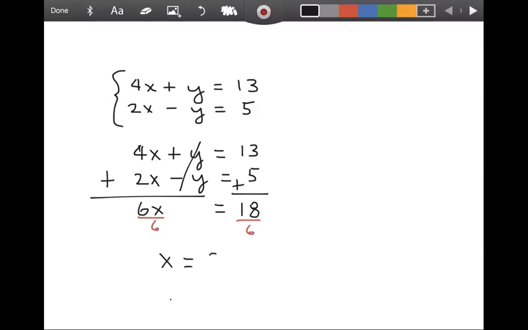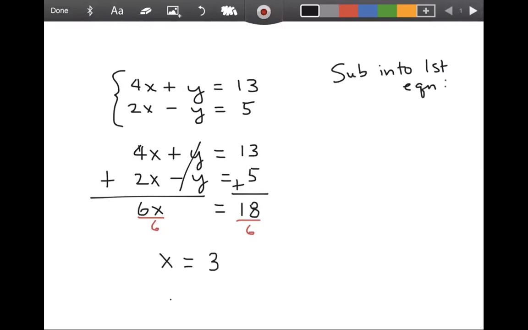All right, so now remember, for a system of equations, we need an x and a y. So now just substitute that value of x into either one of the original equations. I'll pick the first one. Sub into the first equation. You can pick either one, it doesn't matter.